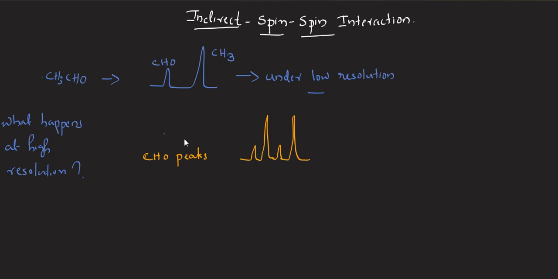Your CHO peak is not one. It is actually a collection of four peaks with the intensity ratio 1:3:3:1.